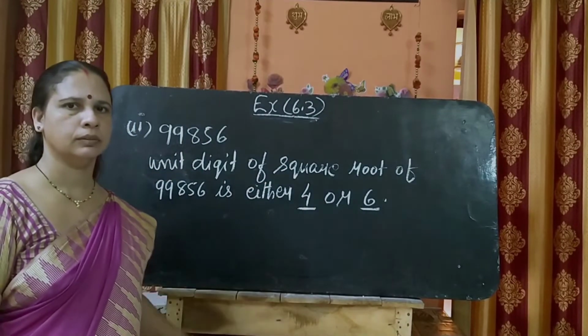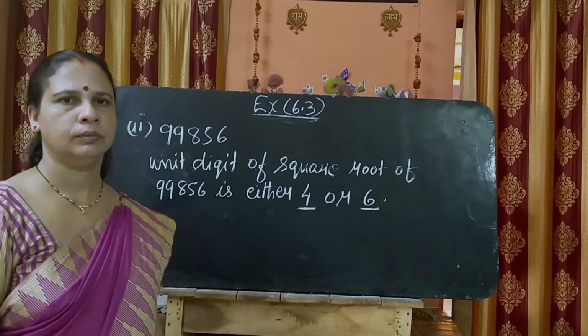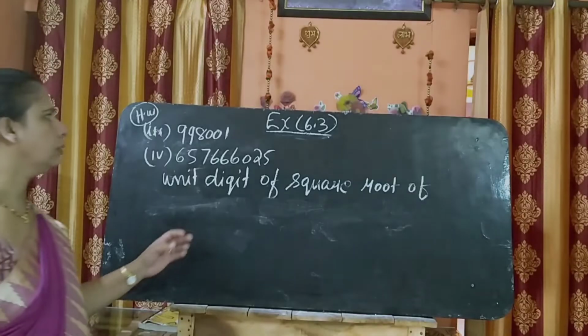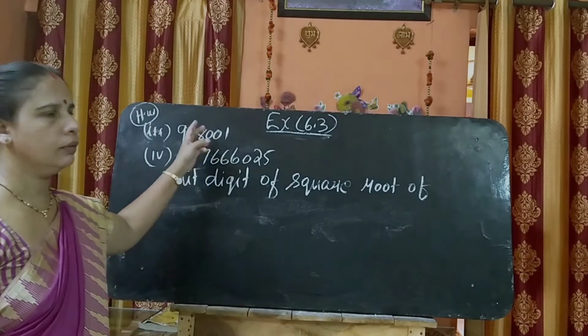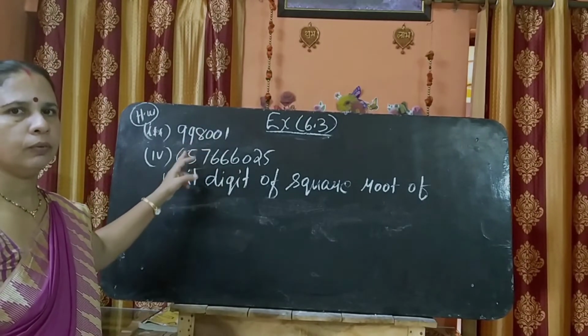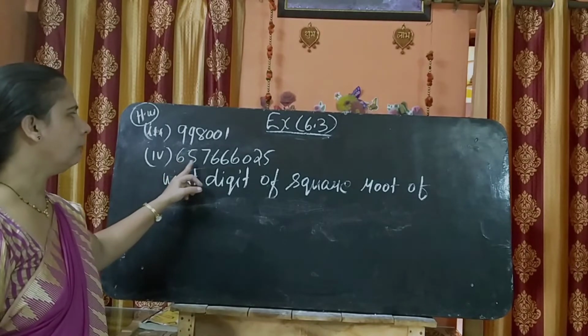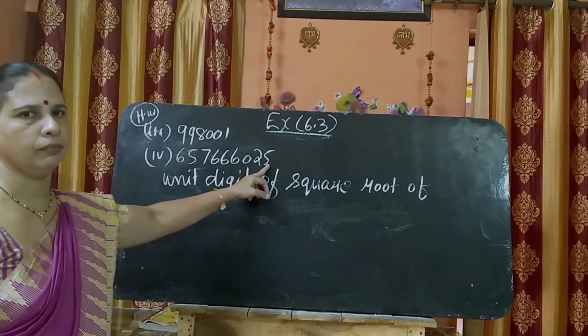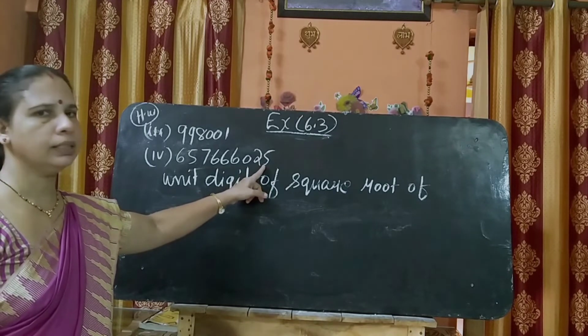Copy down this. Take the third question as homework. The fourth question is 65 crore 76 lakh 66,025. What is the unit place?